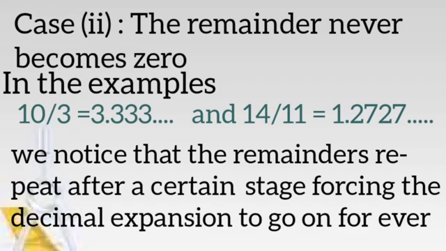And in the fourth example, 14 by 11, the decimal expansion is not terminating. It is repeating. 14 by 11 equal to 1.2727 etc. The block 27 is repeating.